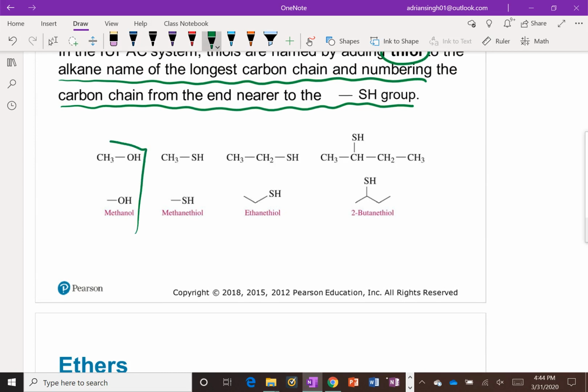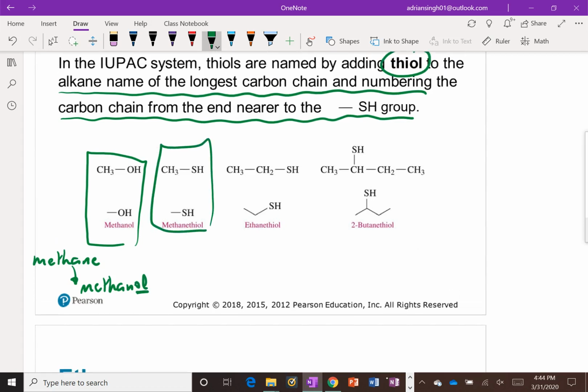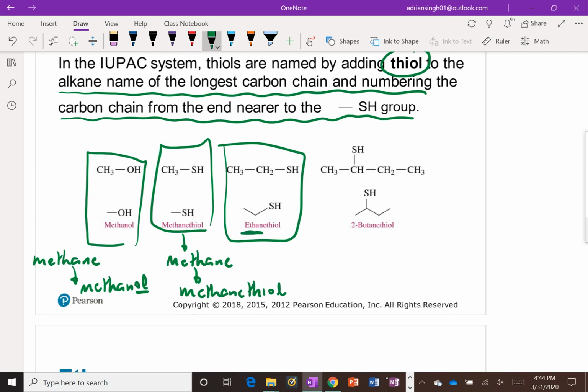A one carbon alcohol is called methanol. So we saw that methane became methanol, the alkane became the alcohol. In the case of the thiol, we're just going to add the word thiol to the end. So a one carbon thiol is methane thiol. A two carbon thiol is ethane thiol.